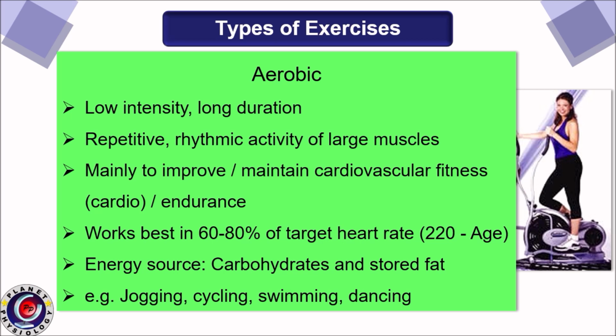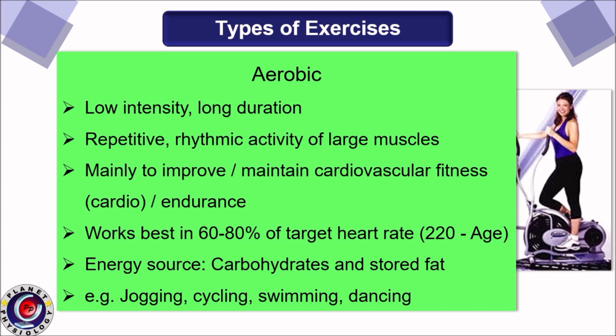Simple calculation. Just subtract your age from 220 and that is your target heart rate. And if you calculate 60% and 80% of this target heart rate, any exercise done in this range of 60 to 80% will give you the best results for developing endurance.